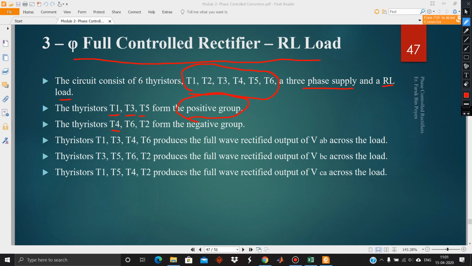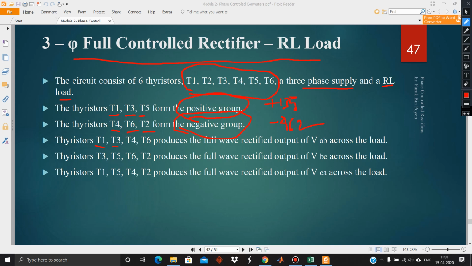And the thyristors T4, T6 and T2 form the negative group. You can remember it like this: 135 positive and 462 negative. This is a jargon that will help you remember the nomenclature, which are the positive group and which are the negative group.